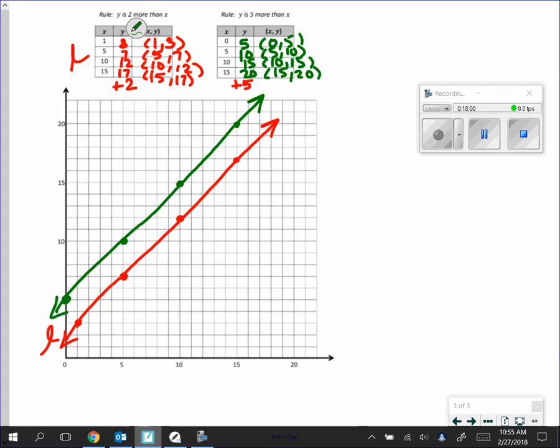You should have 2 parallel lines. Yes, ma'am. If they give you line names, yes.